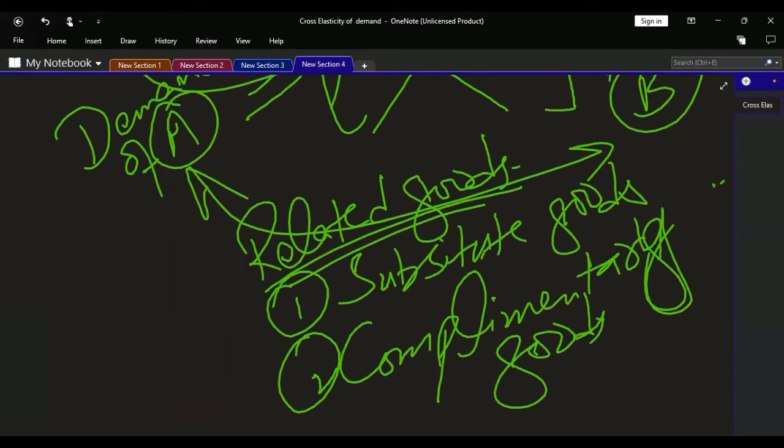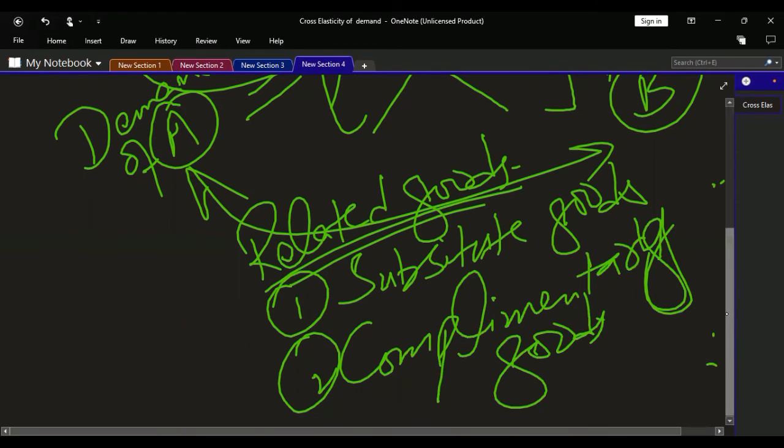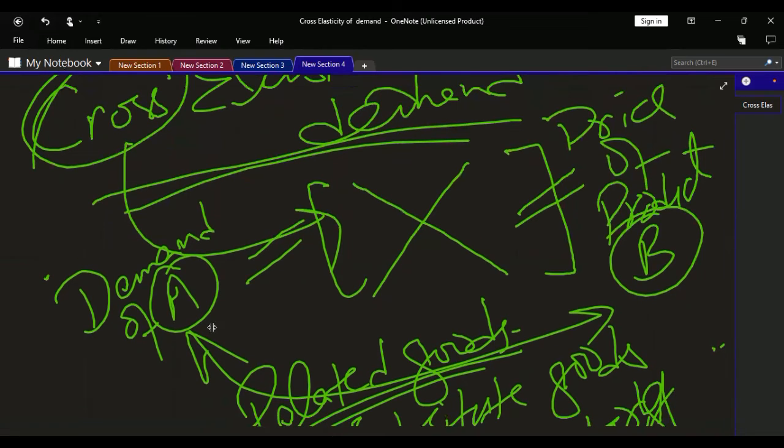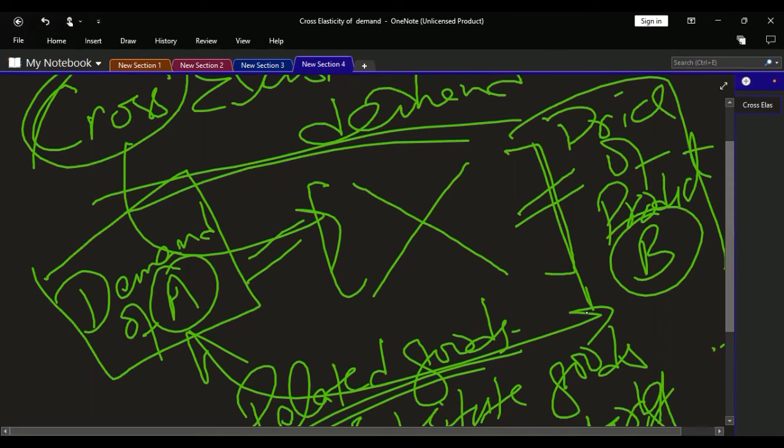I have already explained both in our previous classes. If you want to learn it, I am giving its link in the description. You can easily learn what are substitute goods and what are complementary goods. So, in cross elasticity of demand, the demand of a product is compared with the price of its related good.